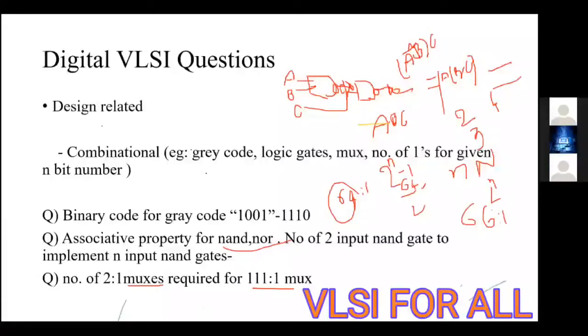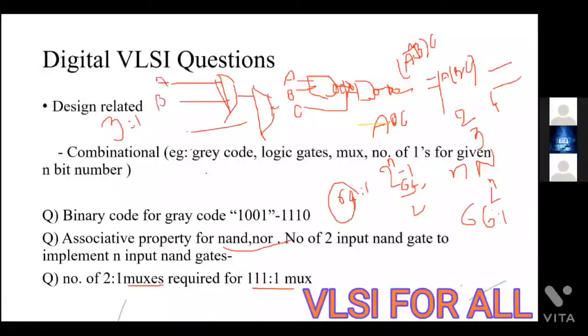For example, if I say 3 is to 1 MUX using 2 is to 1. For this, the effective implementation is like this: here we can directly implement the 3 is to 1 MUX using 2 MUX itself.